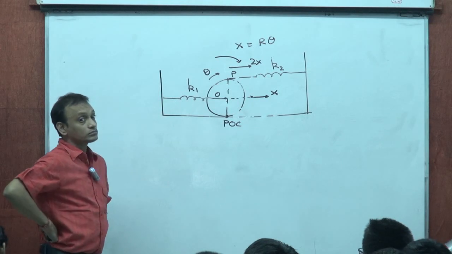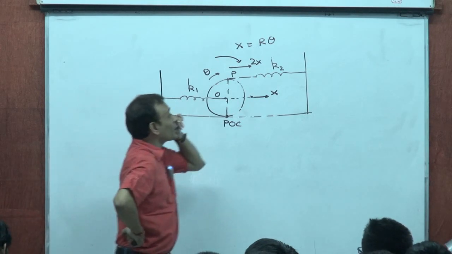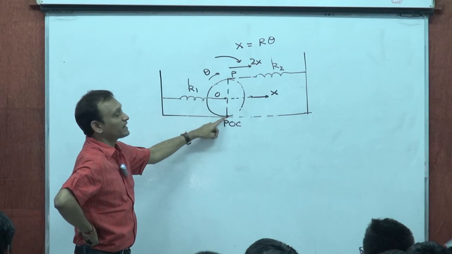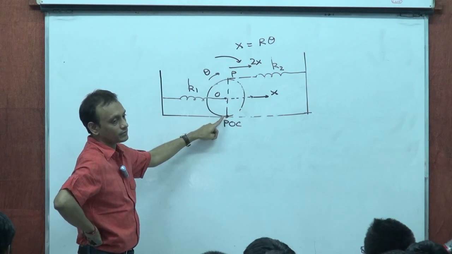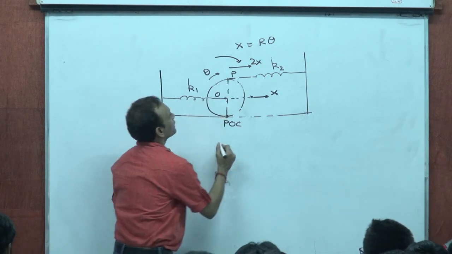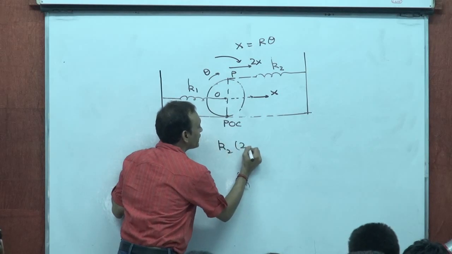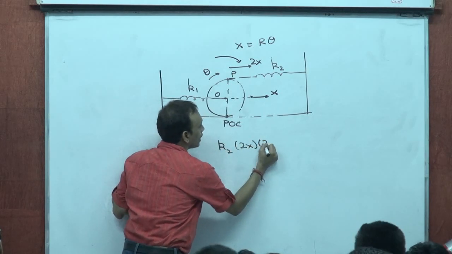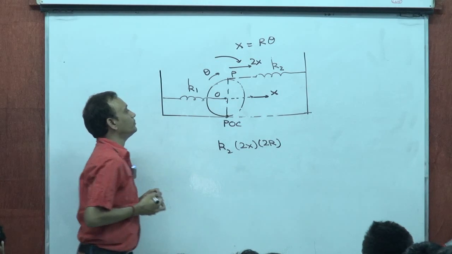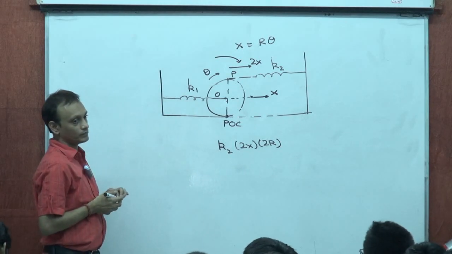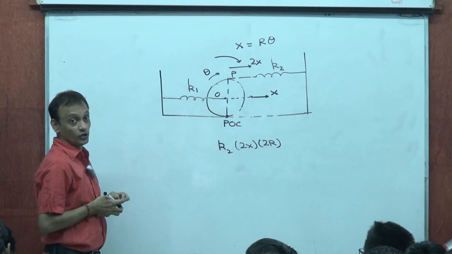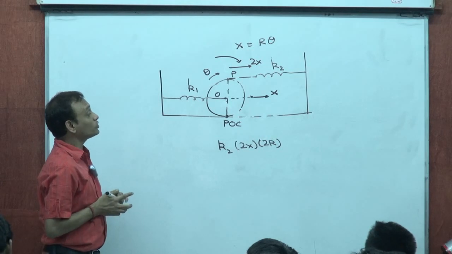Now, what's the torque of this spring about this point? K2 into 2x into 2r. Yes or no? What about the torque of K1?